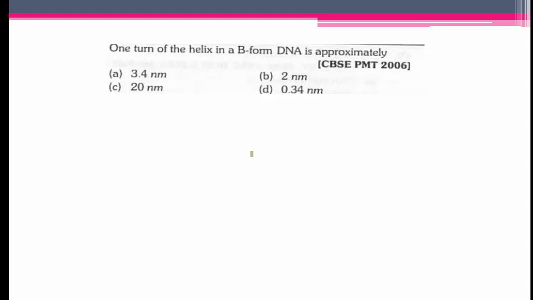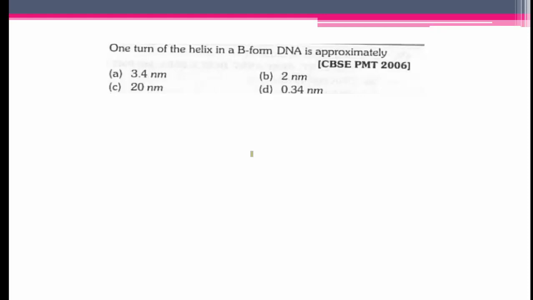One turn of the helix in a B form DNA is approximately, here the dimension is given in nanometers. What is B DNA? It is the Watson and Crick model of DNA, which shows right-handed coiling, and the number of bases in each turn of the DNA is 10.